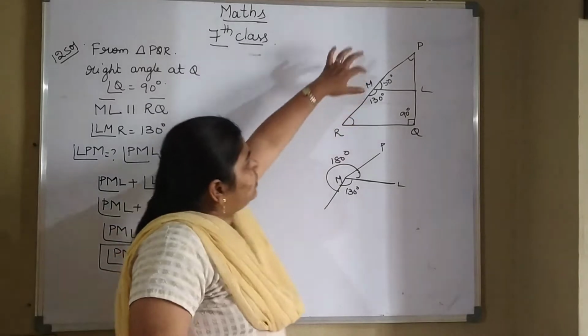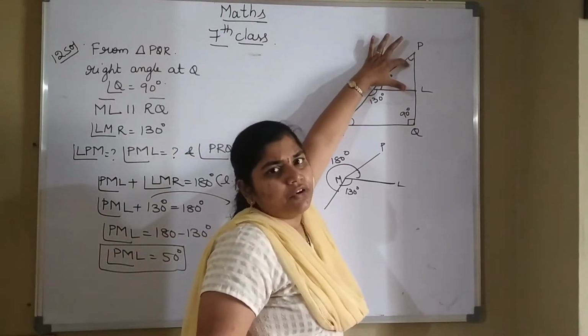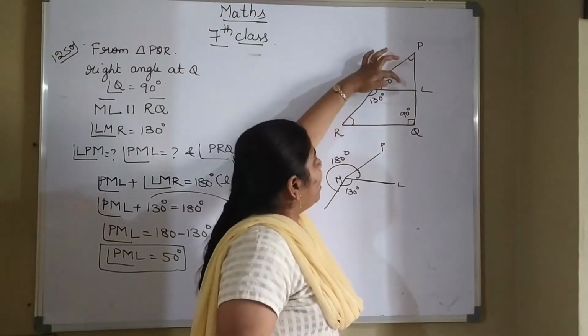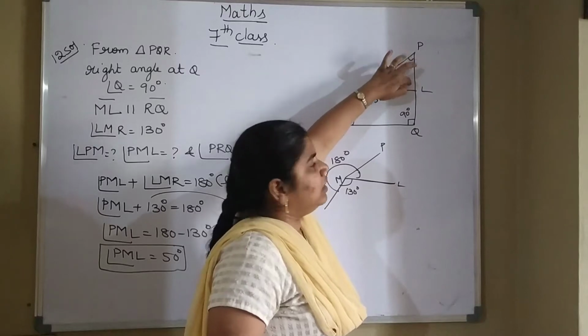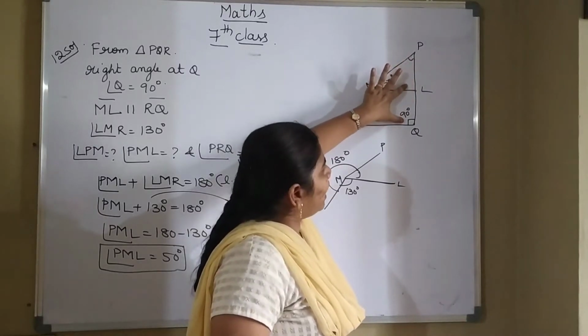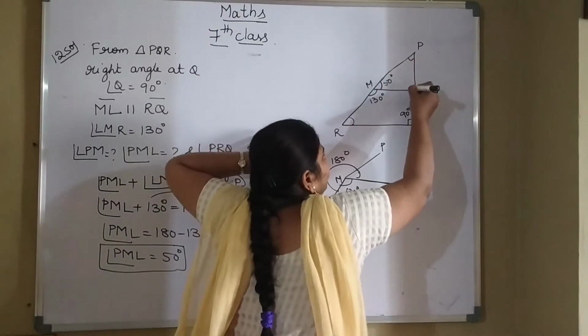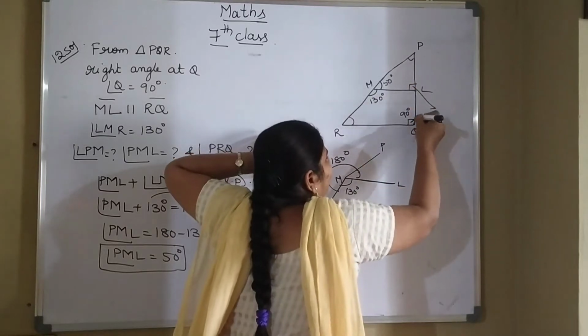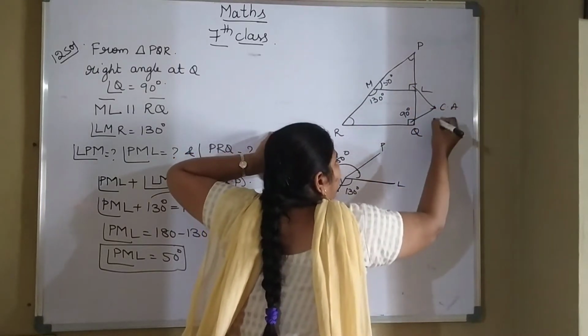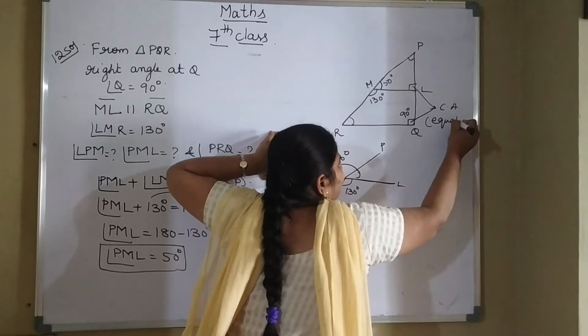I want to find this angle P. Before finding this angle P, I am finding this angle L. Because if you take these two angles, these two will be corresponding angles. This angle and this angle will be corresponding angles. Always they will be equal.